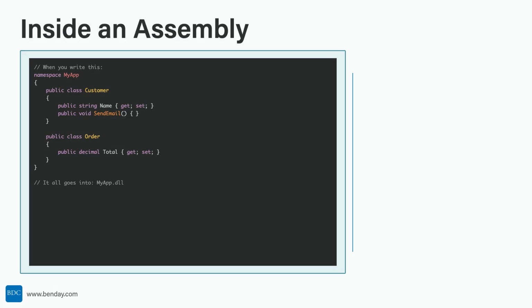Let me show you what actually goes into an assembly when you build your code. Every class, struct, interface, enum, they all get compiled and packed into the assembly. Doesn't matter how many files you have, they all end up in one DLL. Your C# doesn't compile to machine code. Yeah, that's kind of a surprise for a lot of people who are new to the .NET world. So I'll say it again, your C# doesn't actually compile to machine code.